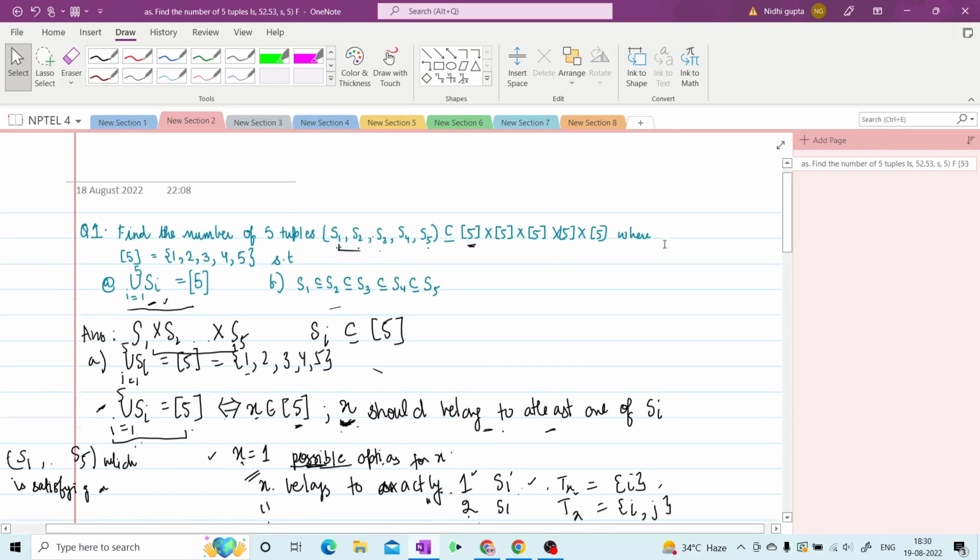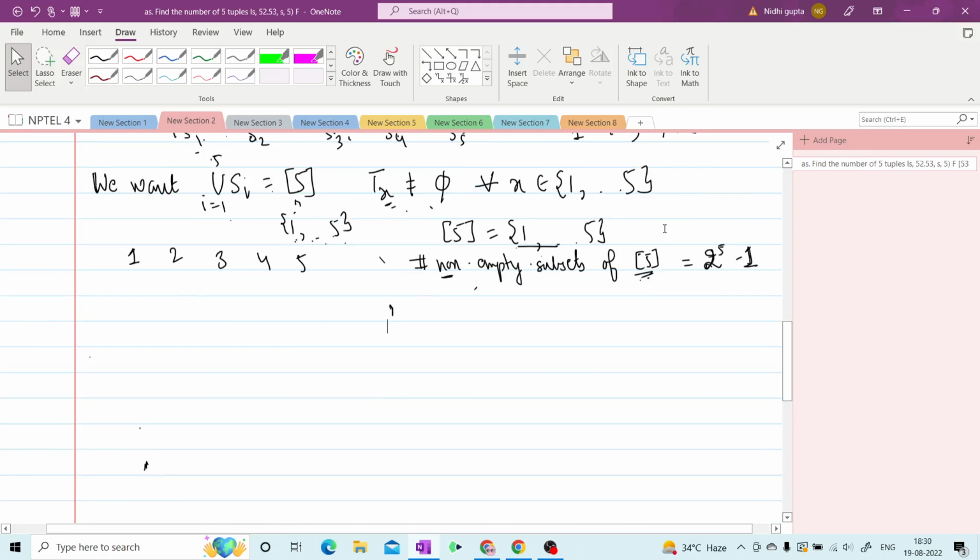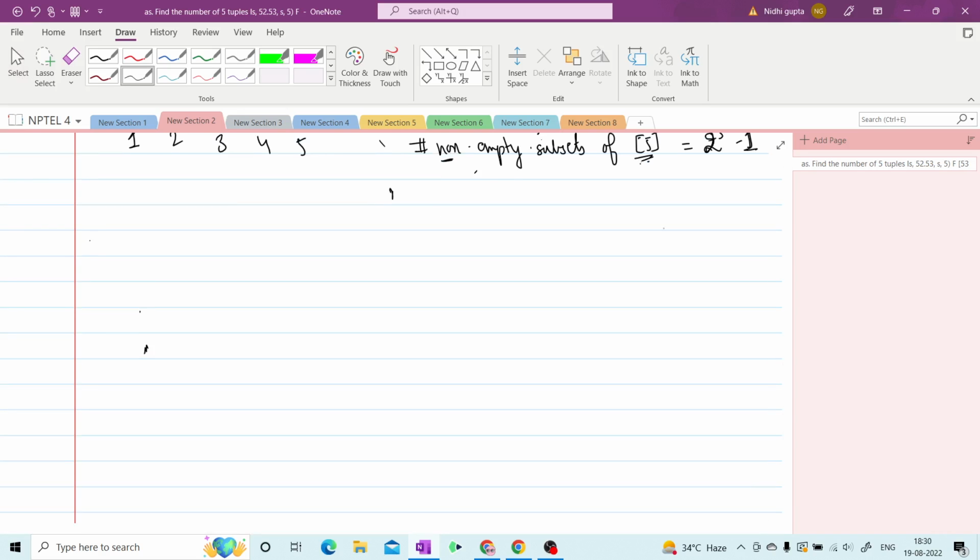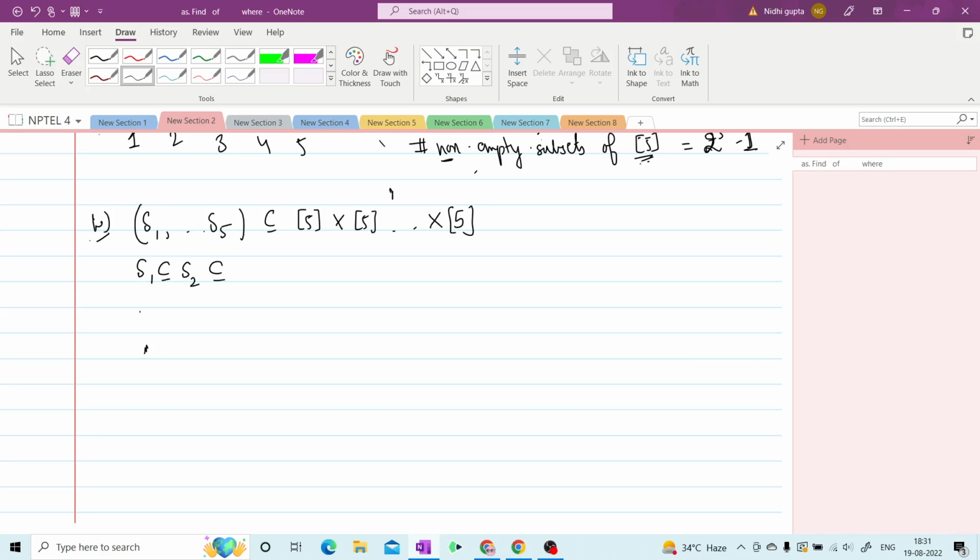Now our second question. The second part is, again we are required to find a 5 tuple which is a subset of 5 cross 5 cross 5 such that S1 is contained in S2, S2 is contained in S3.